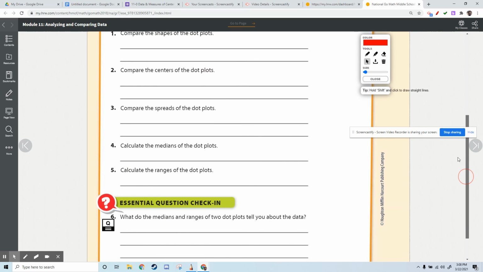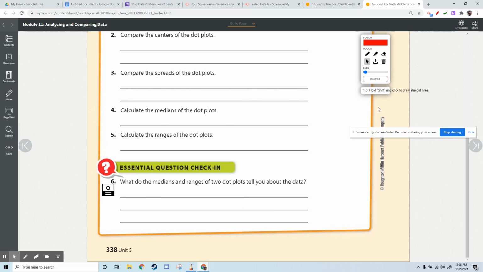For number 6, what do the medians and ranges of 2 dot plots tell you about the data? So the median is a good representation or summary of all of the data.